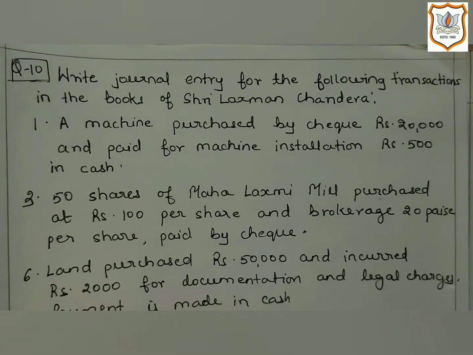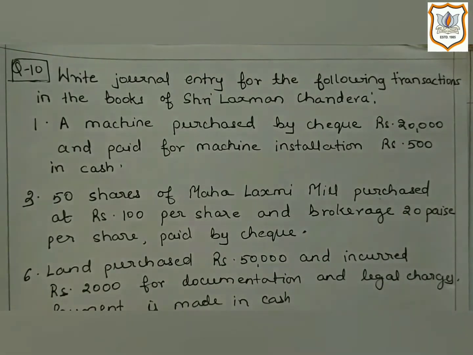At the time of acquisition or purchase of such assets, expenses like document expense, advocate fees, stamp duty, brokerage, etc. are to be paid. All these expenses are treated as capital expense and are added to the value of the respective asset.